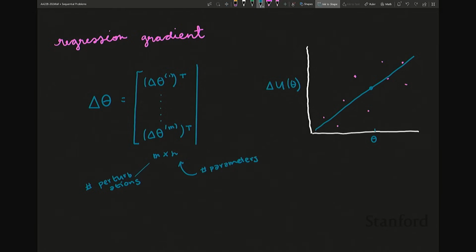There's no right or wrong answer for choosing the number of perturbations to do. Empirically, a rule of thumb is to have double the number of parameters be the number of perturbations, but that could be based on computational constraints or expert knowledge, or you tried a few things and this was what worked the best.